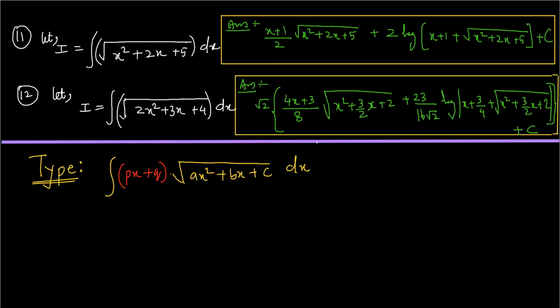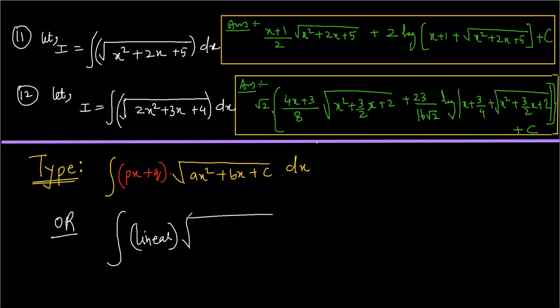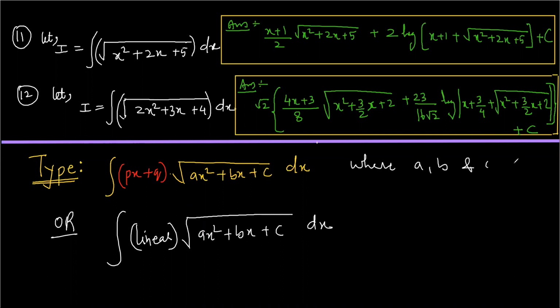The other name for this is linear into root of quadratic ax square plus bx plus c dx, where a, b and c are real constants.